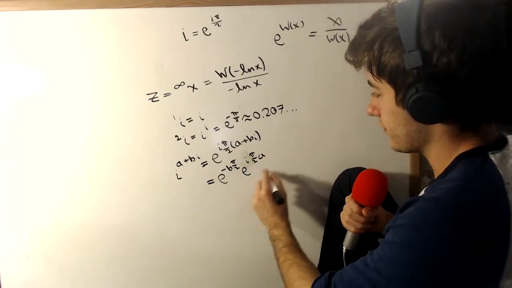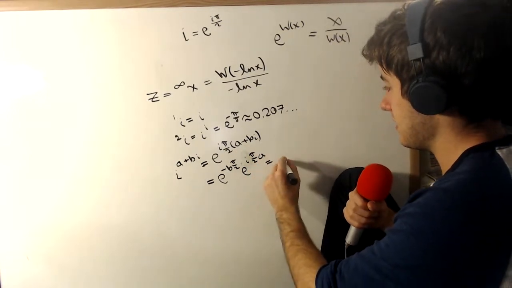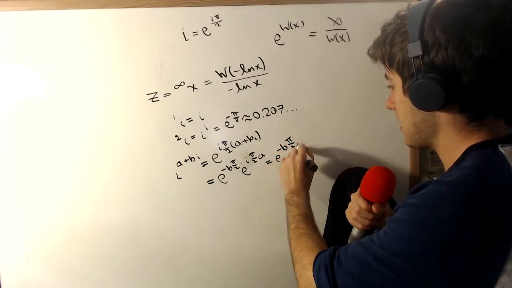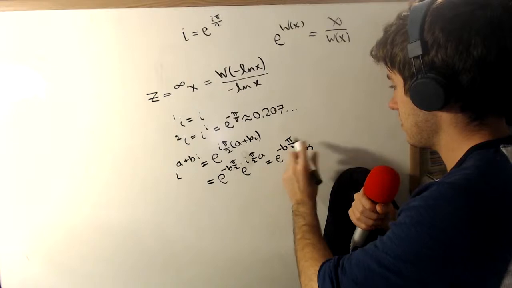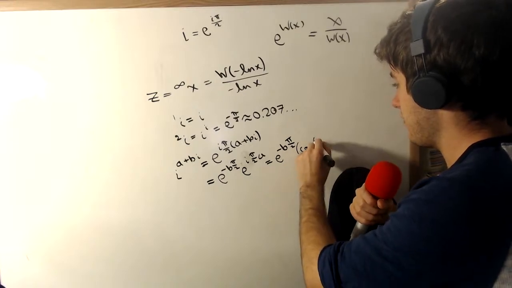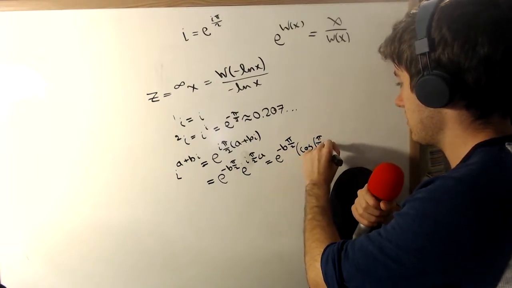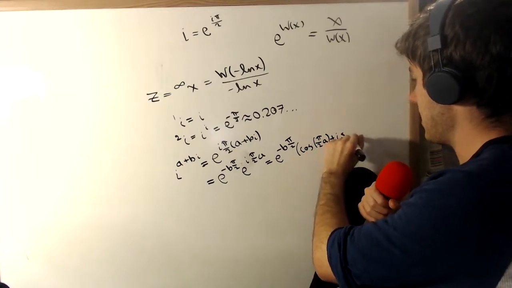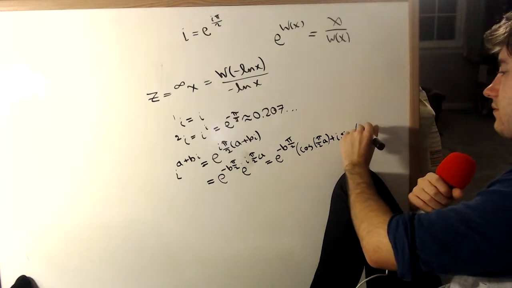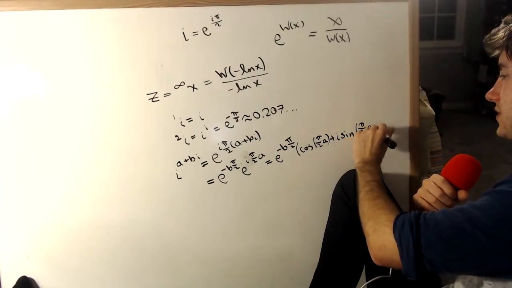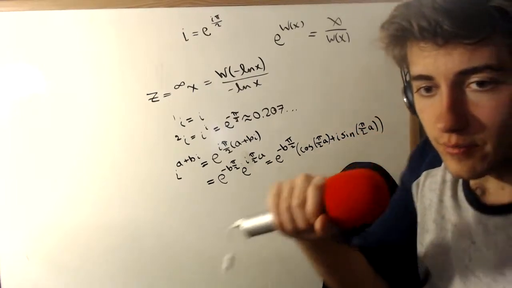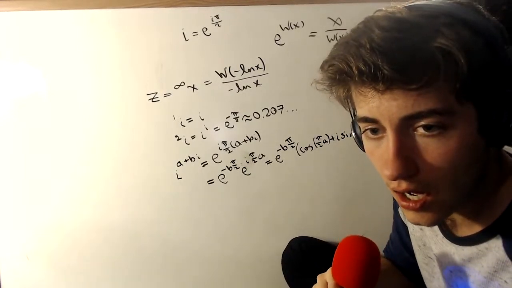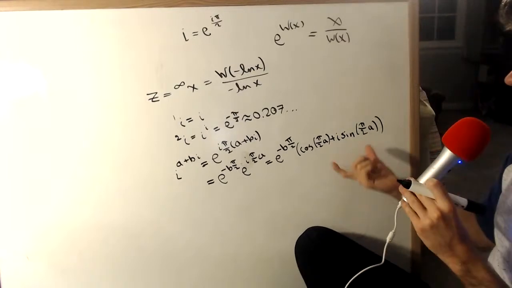Now we can use Euler's formula to transform this, and we get e to the negative b times pi over 2 times the cosine of pi over 2 times a plus i times the sine of pi over 2 times a. Makes sense? Can everybody see that? All I did was Euler's formula.